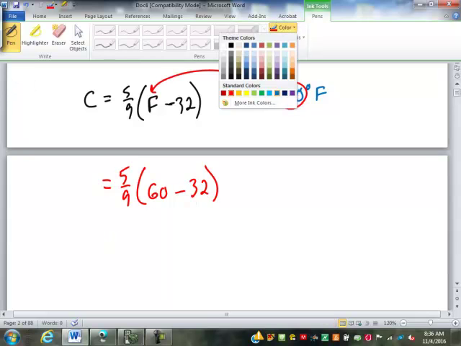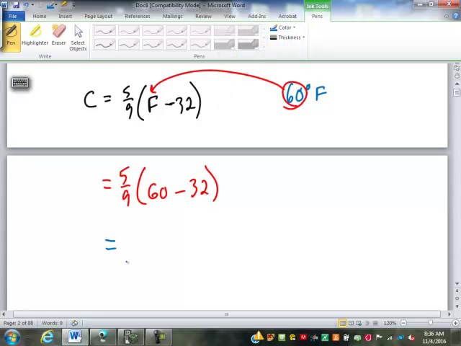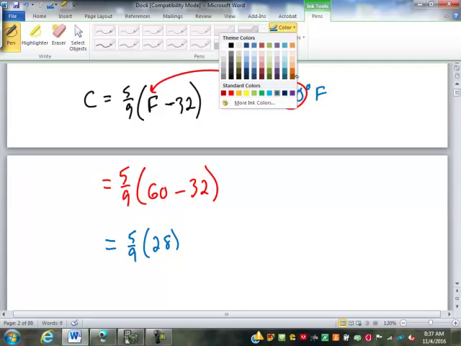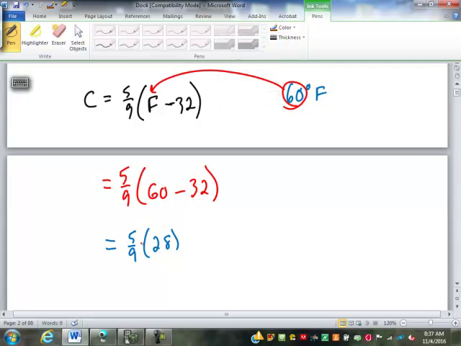Order of operations says we have to do what first here? Parentheses. 60 minus 32, 28. Now there's nothing left to do inside the parentheses. I could take the parentheses away. And then what? This is going to be multiplied by 5/9. So 5/9 times 28.